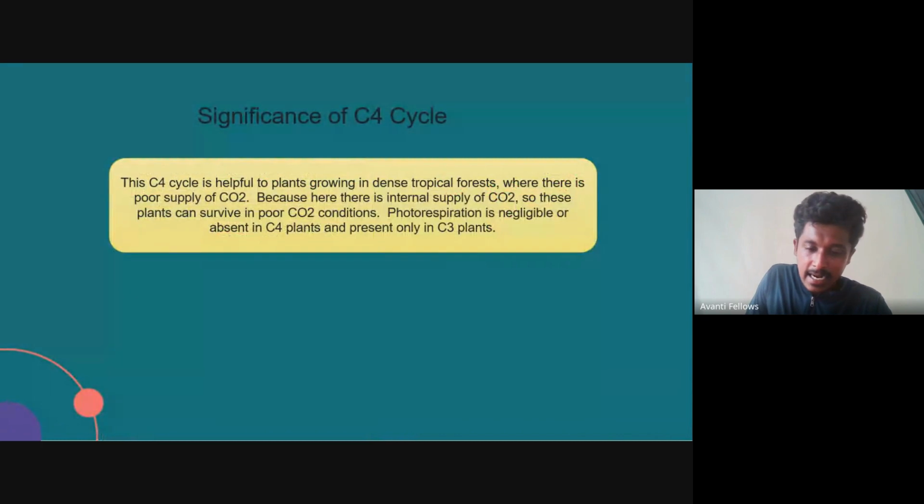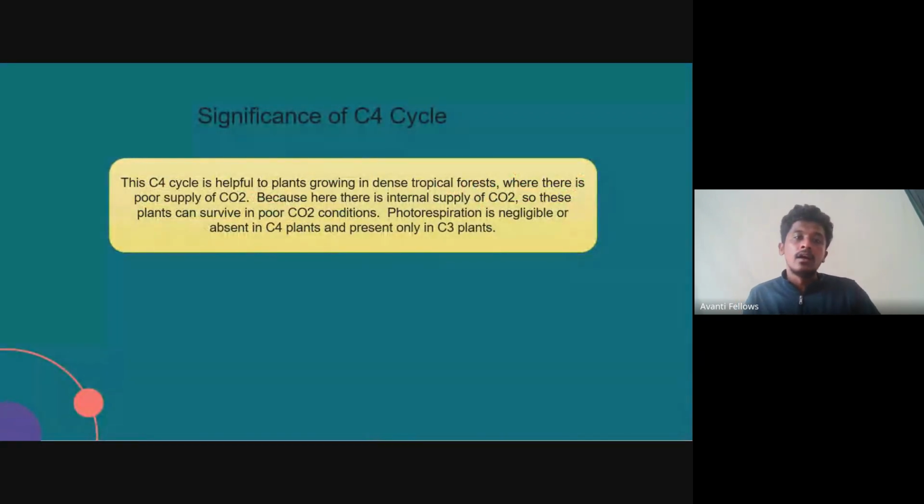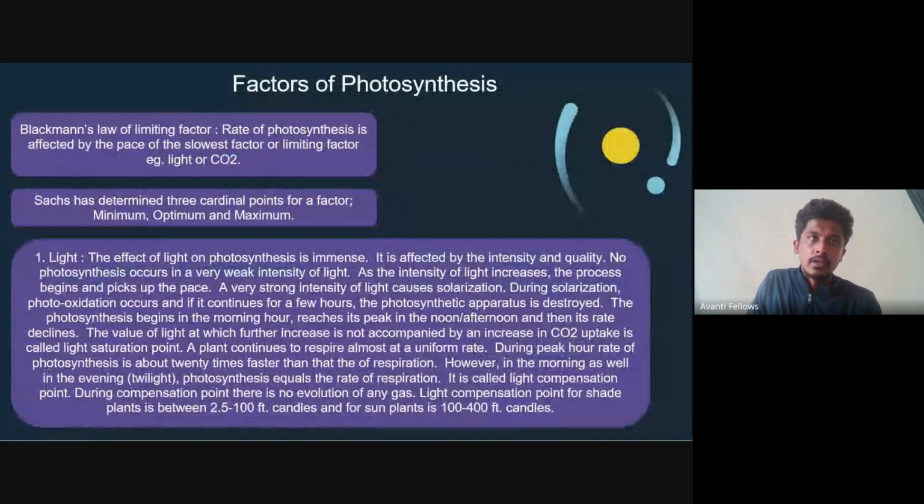Since they lack Kranz anatomy, now what happens, students? You have to put them in a greenhouse, where the carbon dioxide concentration is increased, and then they can synthesize without reducing their photosynthetic output. So this is about the light reaction and the significance of C4.